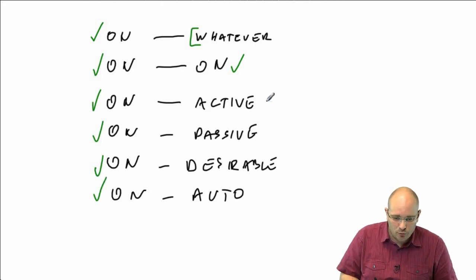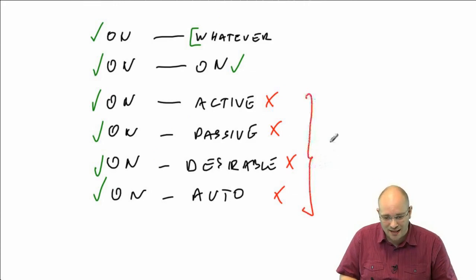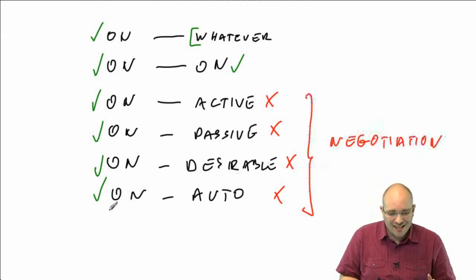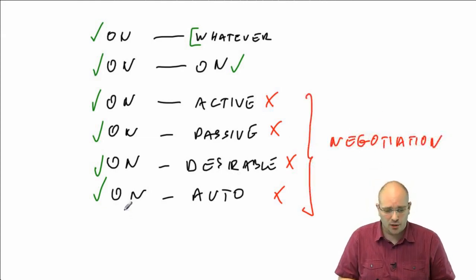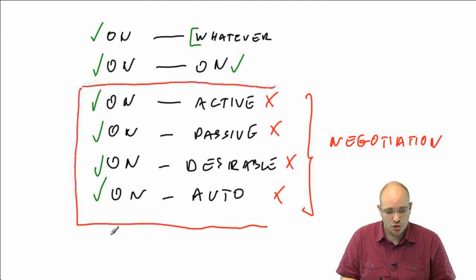But on this side where we had active, passive, desirable, or auto, where negotiation is expected, EtherChannel will not be functional. So we can say that from a practical perspective, in these cases here, EtherChannel is not operational.